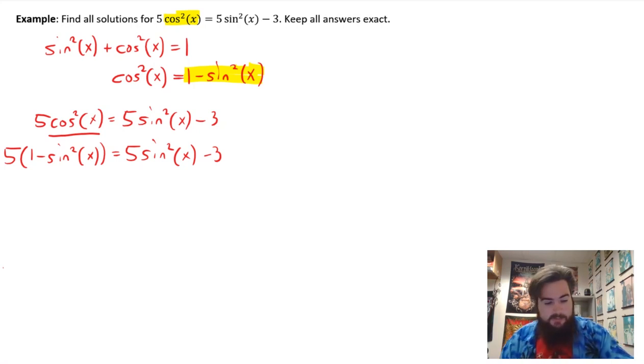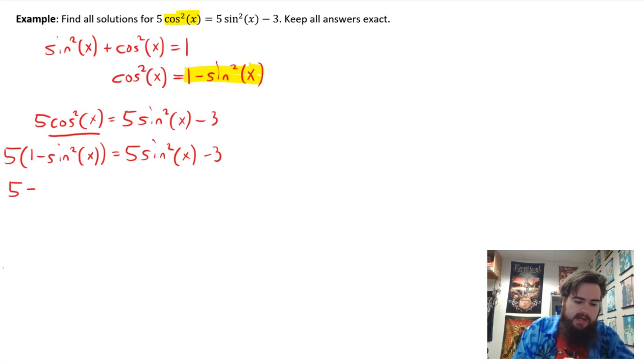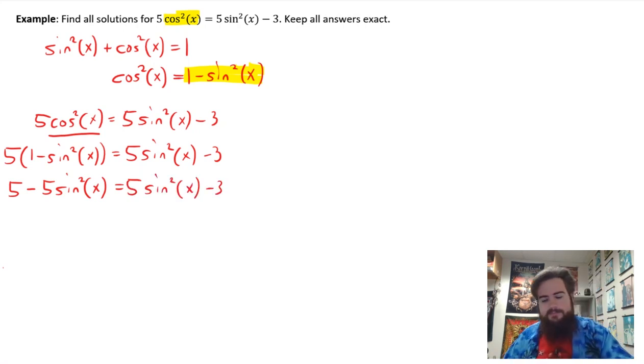So let's clean this up a bit. Let's factor that 5 through. So I get 5 minus 5 sine squared of x is equal to 5 sine squared of x minus 3. And then because I see multiple trig functions and they're on different sides, let's see if we can move it all to the same side.